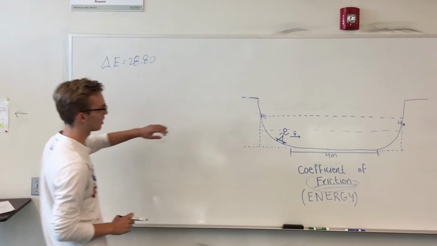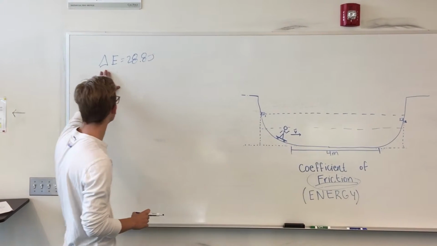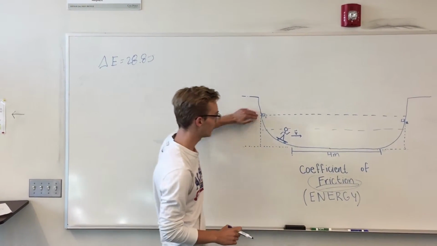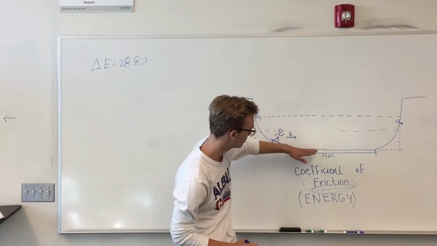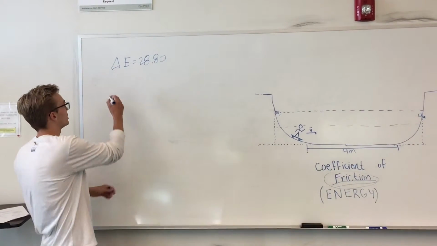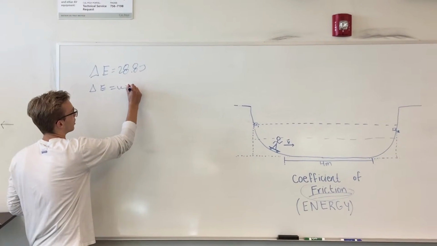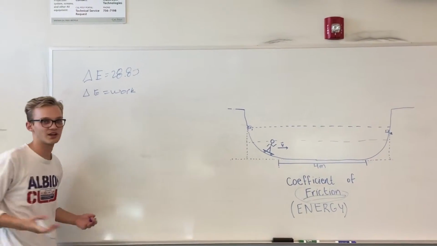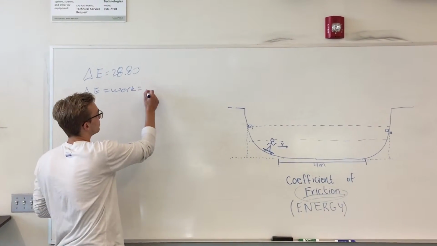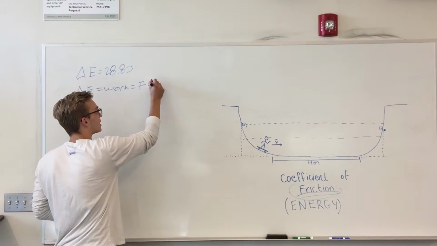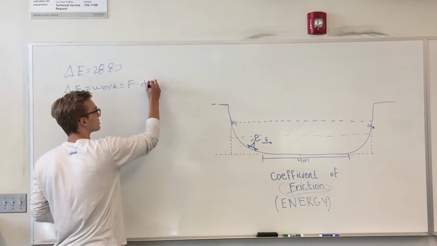So we used an energy lens to determine our change in energy from one point, after he passes along the pool, to another point. We know that our change in energy is going to be equal to the work. Well, okay, big deal. Well, what is work equal to? It's going to be equal to force times distance, dx.